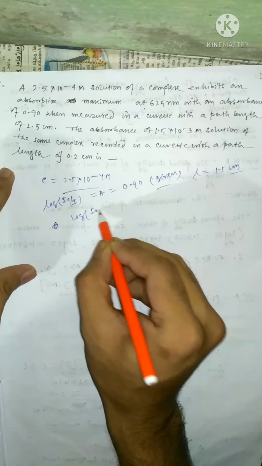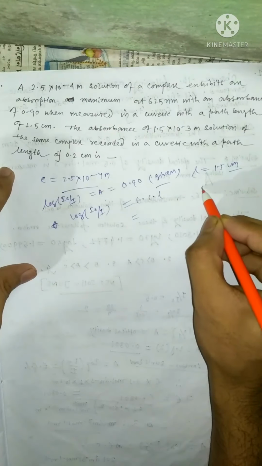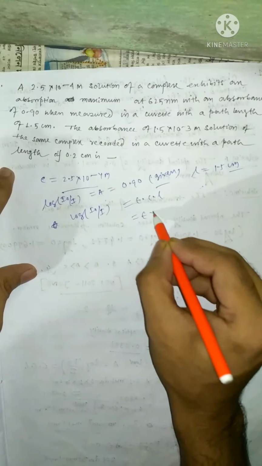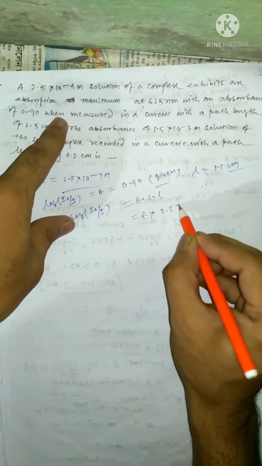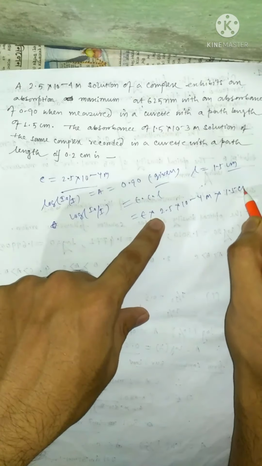So log I naught by I equals epsilon CL, with concentration 2.5 into 10 to the power minus 4 molar and 1.5 centimeter.